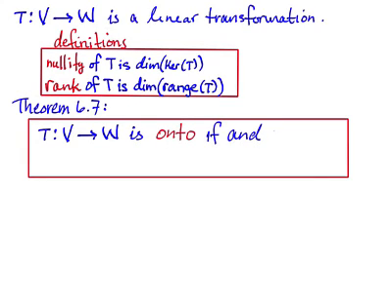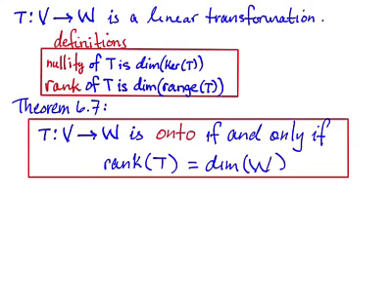So it says that the linear transformation T from V to W is onto if and only if the rank of T is equal to the dimension of W. Remember, the rank of T is the dimension of the range of T, and the range of T is a subspace of W. So if the dimension of that subspace is equal to the dimension of the entire vector space, well, that means that that subspace is that vector space. It's the whole thing. So that means that T is onto.